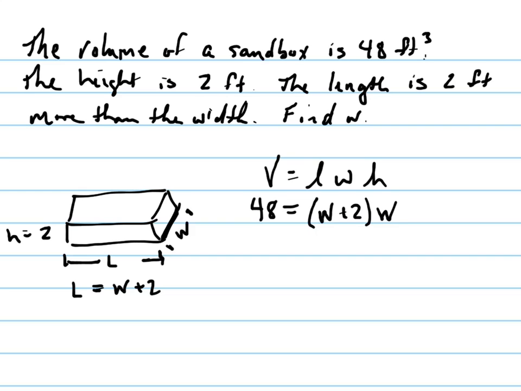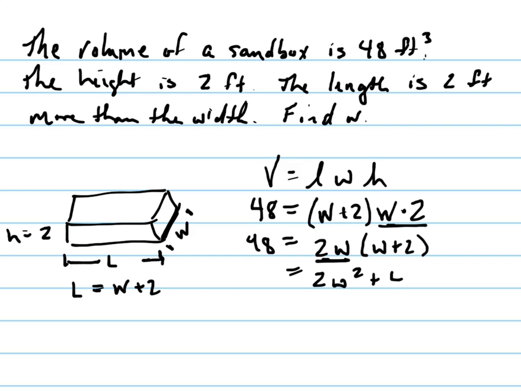The width I also don't know, and the height I do know, which is 2. So I'll rewrite this. This is 2w times w plus 2 equals 48, and I can now distribute the 2w in. I'll get 2w squared plus 4w minus 48 equals 0.